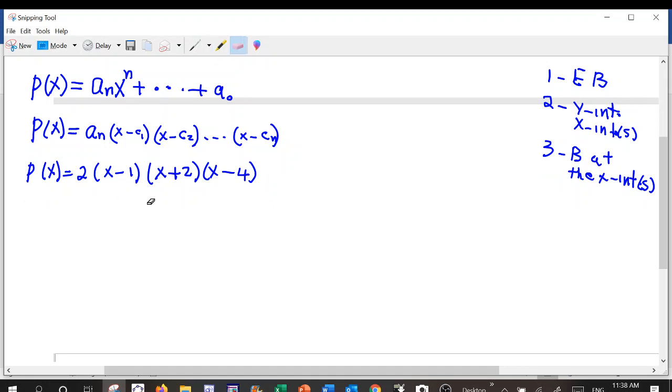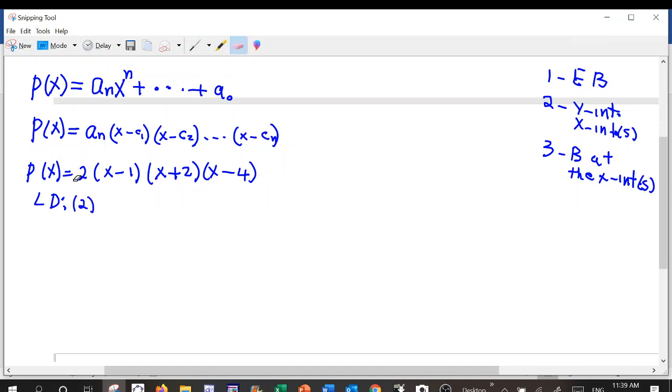So first we need end behavior. End behavior has to do with the leading term. The leading term for this polynomial is the product of the leading terms of every factor. So 2 is just by itself, so we're just going to write 2.